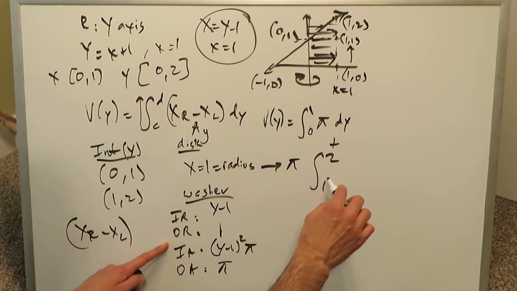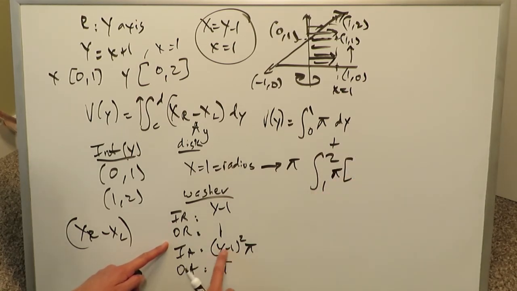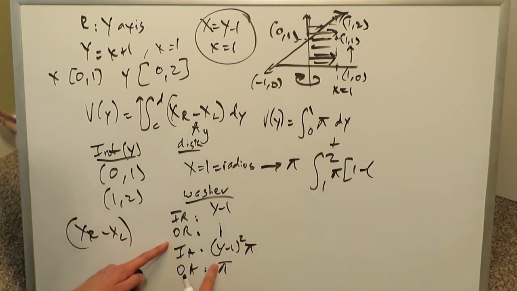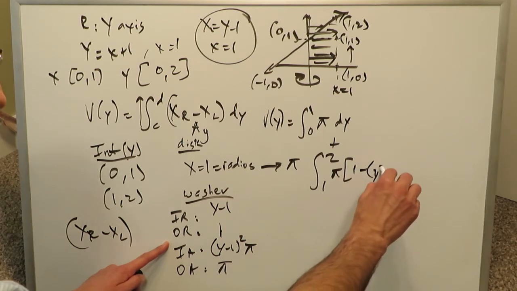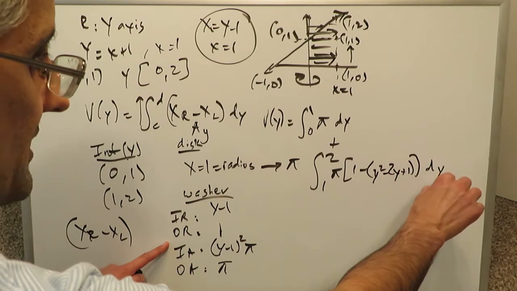We can bring out the pi, but for the time being, let's bring the pi right over here. We'll have to open this up, and you have outer area minus inner area. You have 1 minus, that's my outer area portion, separated from that pi, and then the inner area is y minus 1 whole square, which is y square minus 2y plus 1, all with respect to dy.